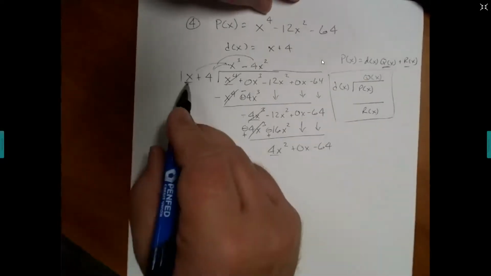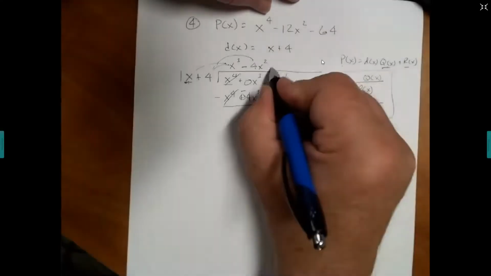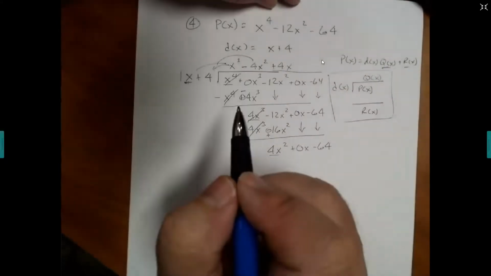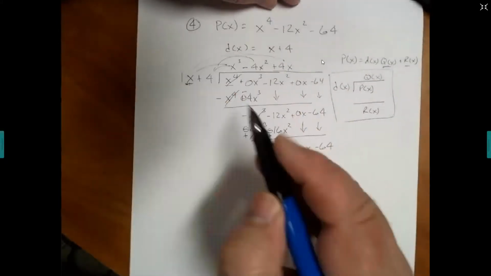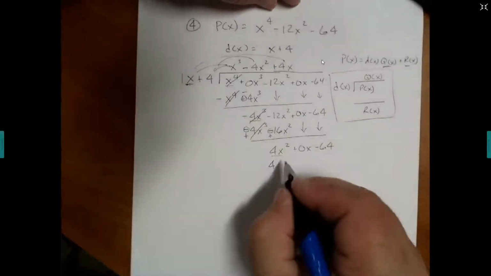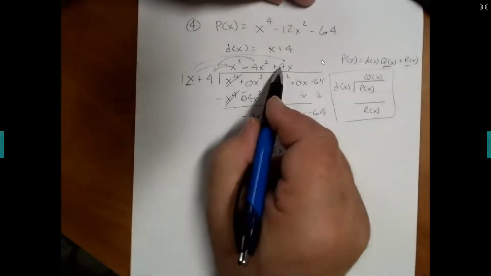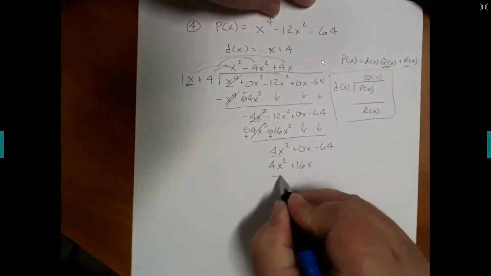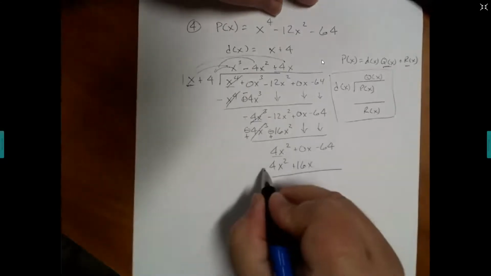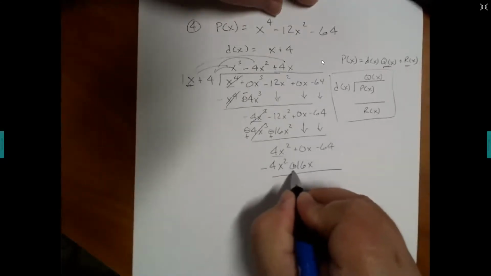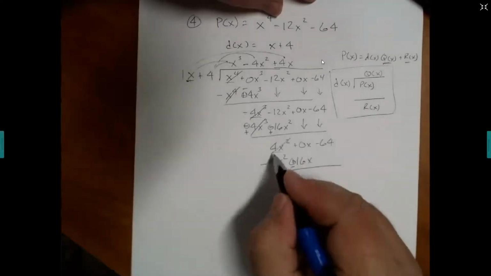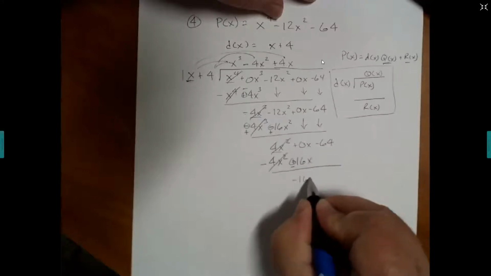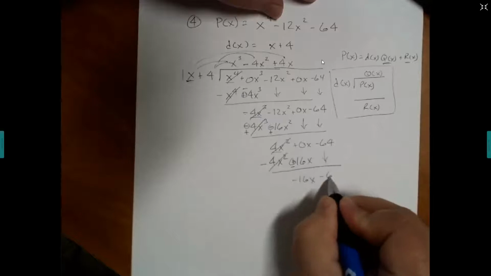Look at the leading terms. What times x gives me 4x squared? A positive 4, and missing 1 more x. 4 times 1 is 4. X times x is x squared. 4x times 4 is 16x. Change the signs and add. Negative 16 plus 0 is negative 16x. Bring down what's left.